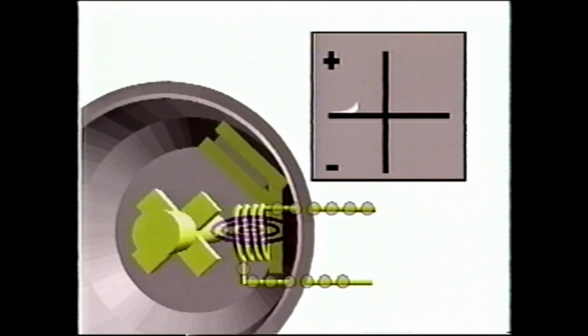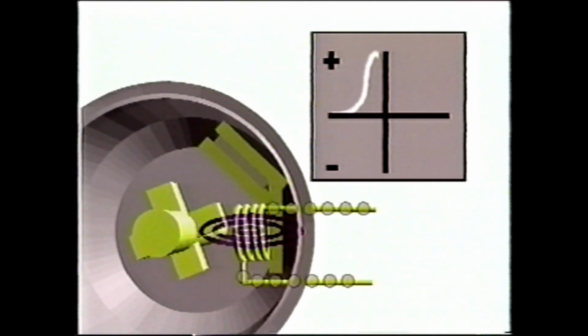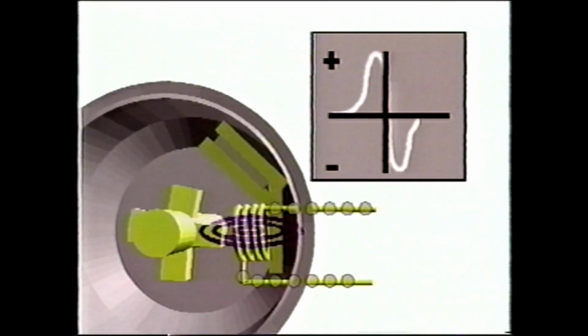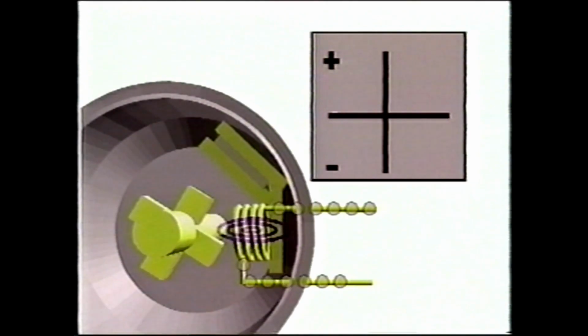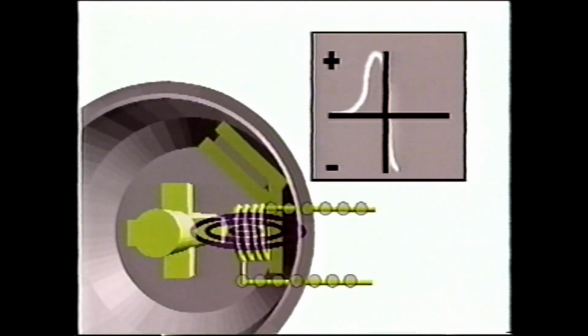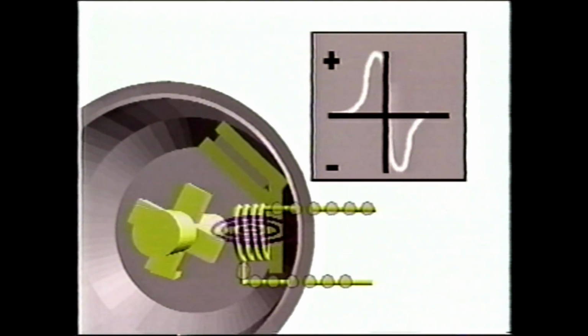As it turns, notches or protrusions come into alignment with the reluctor wheel. The magnetic field varies in strength as the reluctor wheel passes the pickup coil, inducing voltage in the pickup coil. The rotating wheel generates a continuous alternating current as notches move into and out of alignment with the reluctor wheel, changing the polarity of the current.